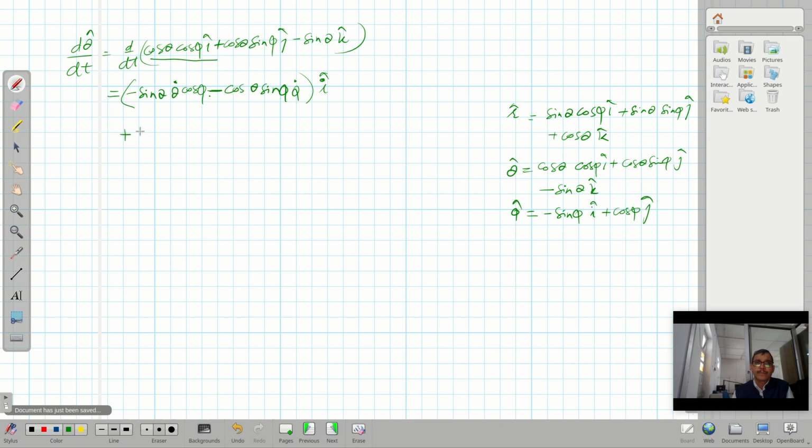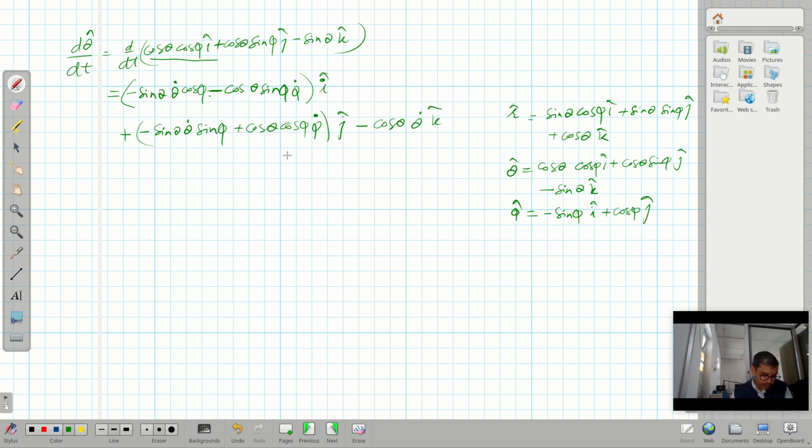The next term gives minus sine theta theta dot sine phi plus cos theta cos phi phi dot j cap, and then minus cos theta theta dot k cap. That's what we are getting.